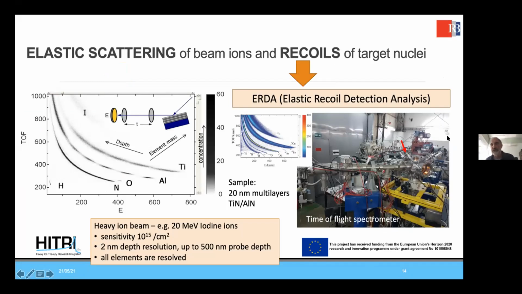If you look at the right figure, there is a beam coming from the accelerator to the chamber, and then we have a low grazing angle irradiation of the sample, and a detection system based on a time of flight spectrometer, where we measure energy and time of flight at the end. And if you display the detections of both detectors as energy versus time of flight, you can separate many different ions, from hydrogen to very heavy.